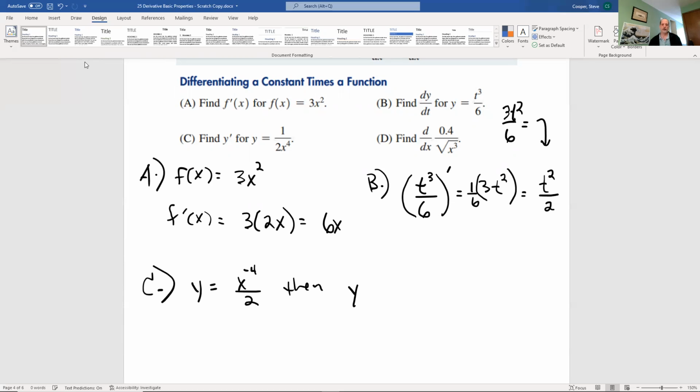Okay, in that case, then y prime is equal to negative 4x to the negative fifth. And then I have to multiply that by the 1/2, or just divide it by 2. So I get negative 2x to the negative fifth, or negative 2 over x to the fifth.